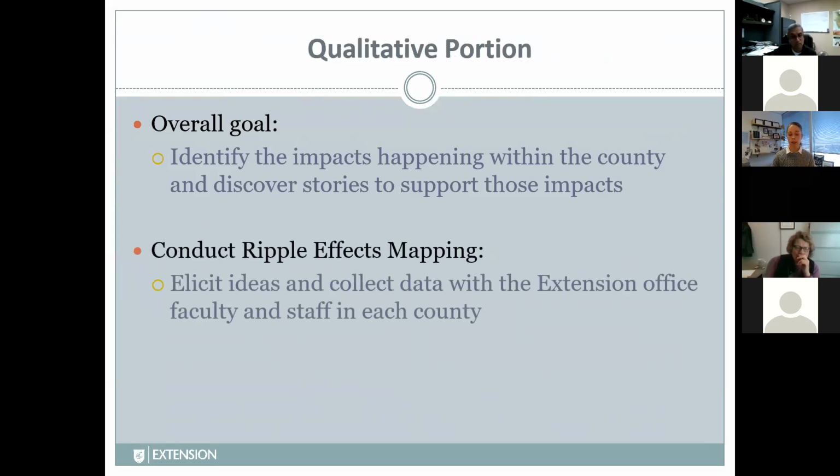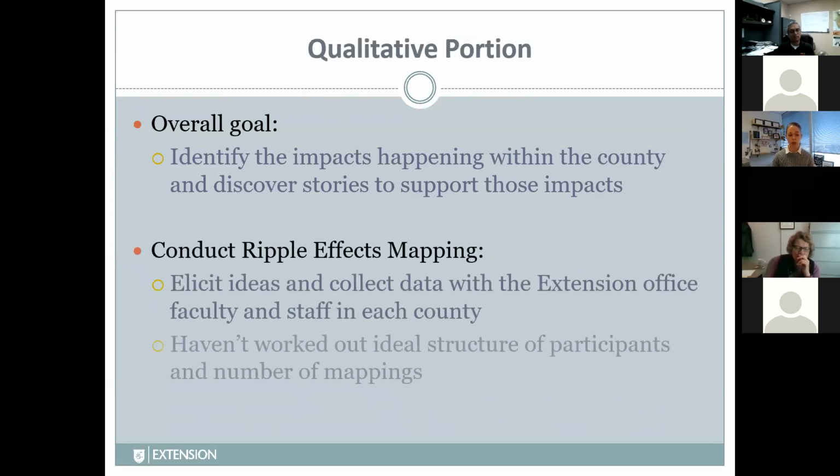We got the ideas, collected data with the extension office faculty and staff within each county. And at this point, because it is just a pilot, you'll hear me say several times throughout this presentation that there are things we're still working on, things that we haven't worked all the details out yet. And one of them is the ideal structure of participants and number of mappings.